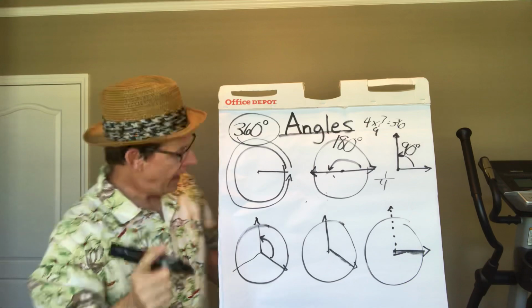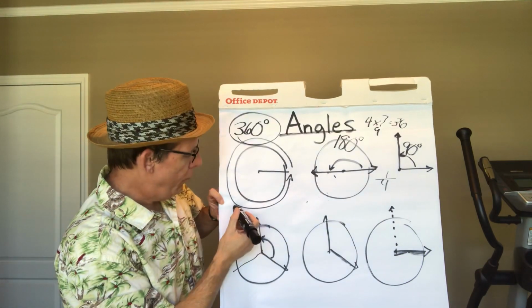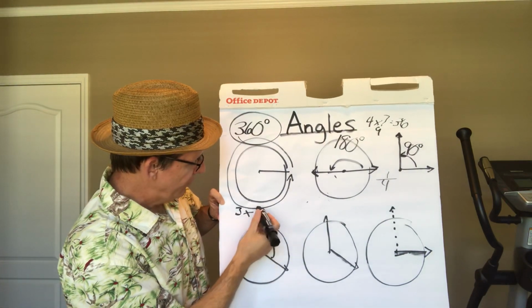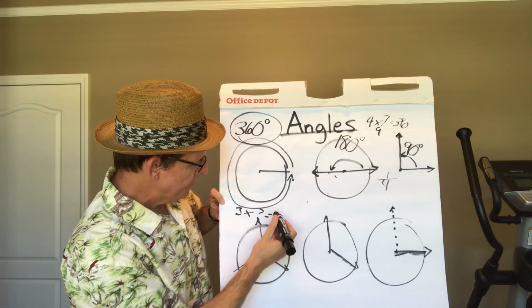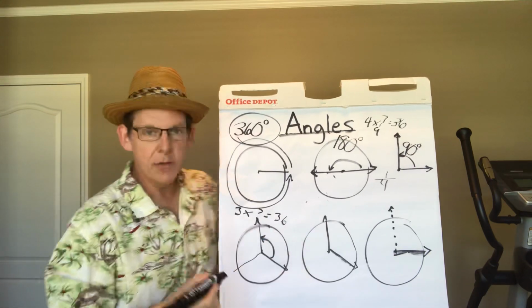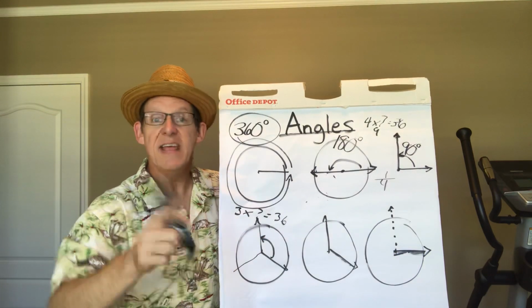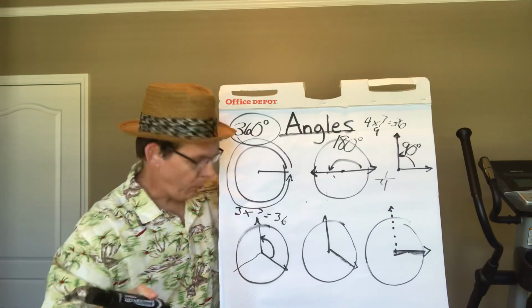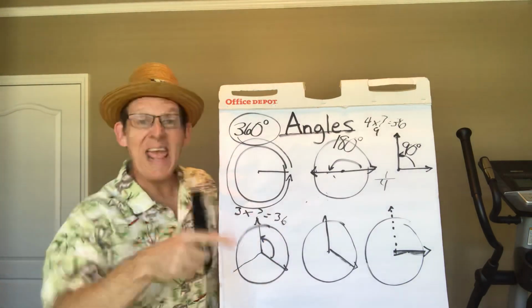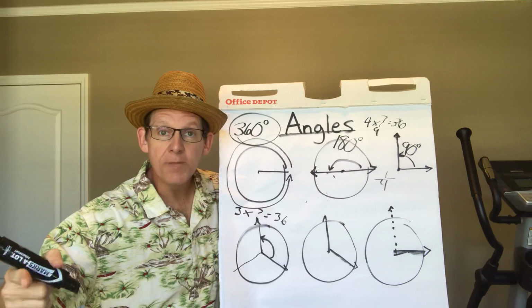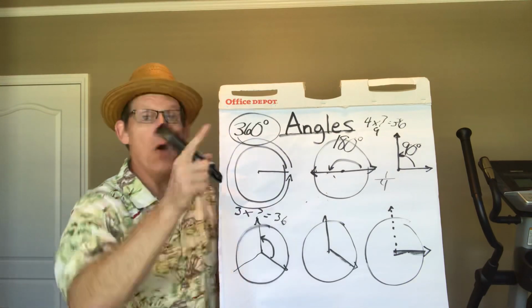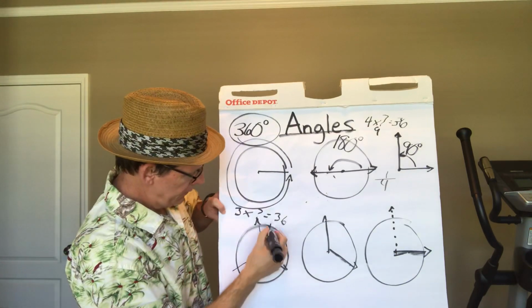Think about it. I can also do 3 times what gets me 36. Well, if you know your multiplication facts, it's 3 times 12. So I have to add a 0 to it. So it's not 12, it's 120.